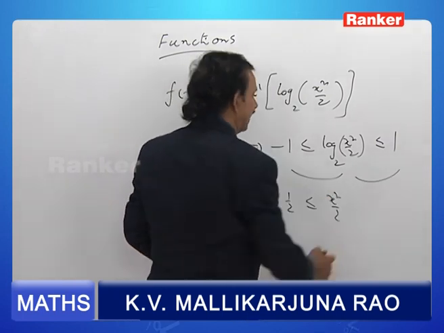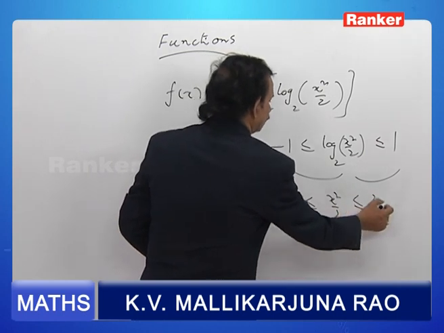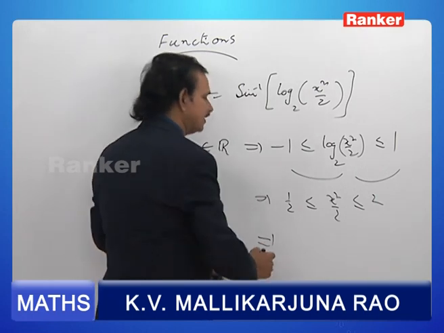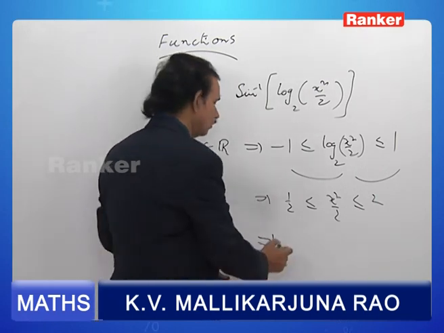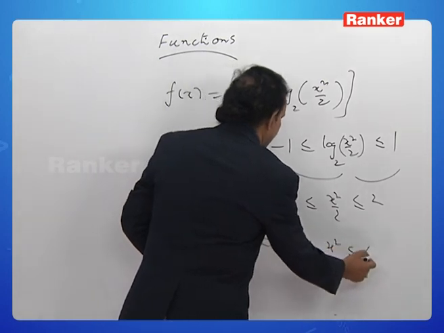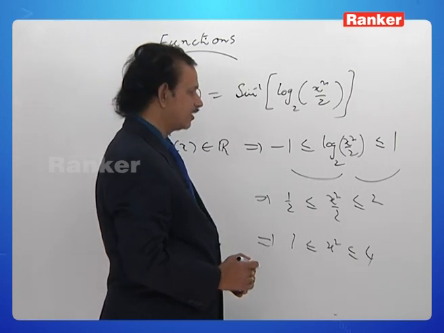From this, what can you have? 2 power 1 is 2, so x square by 2 is less than or equal to 2. This implies, multiplying with 2, 1 less than or equal to x square less than or equal to 4.